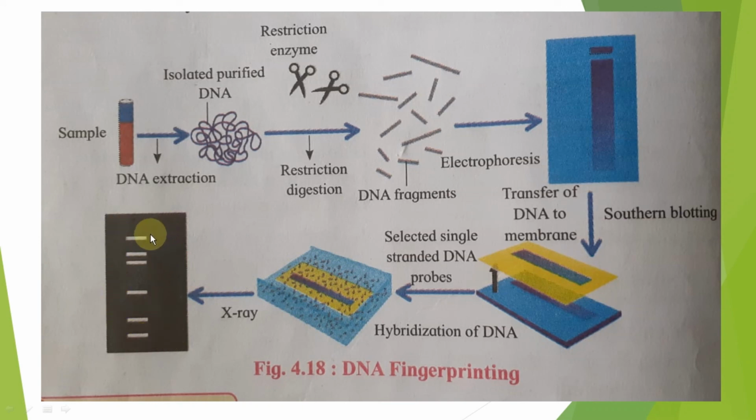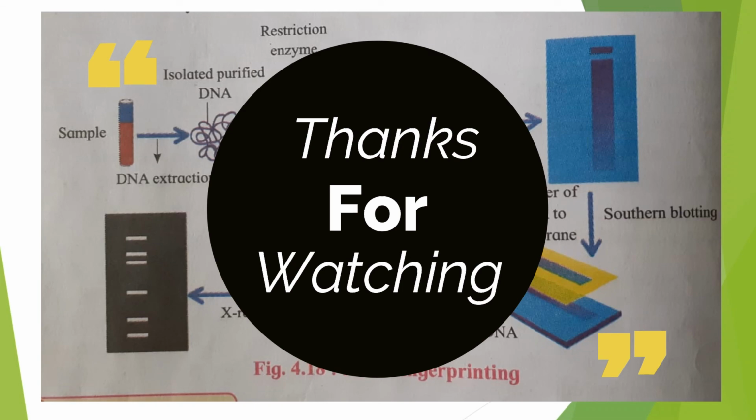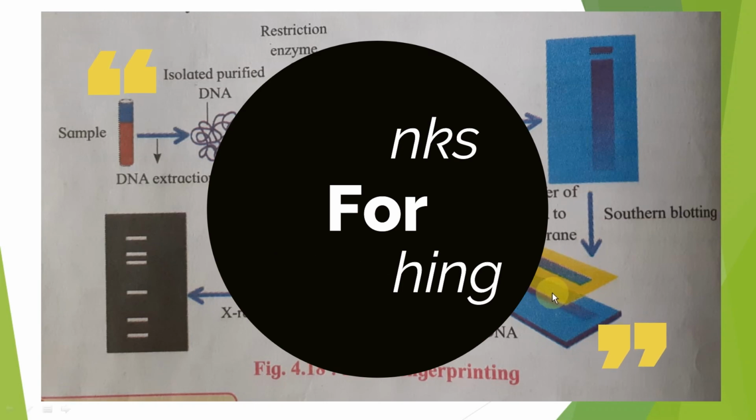In this way, the band of this DNA sequence appears on the X-ray film, and then it can be compared with the culprit's DNA. Sorry, the DNA of the person who is the culprit is compared with the host DNA. These band formations are compared, and in this way fingerprinting can be done. Okay, so here we have completed DNA fingerprinting.